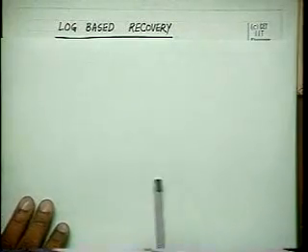In log based recovery, each and every transaction which performs a particular job writes onto the log, which is called logging information. What has been performed by this job is written into the log.